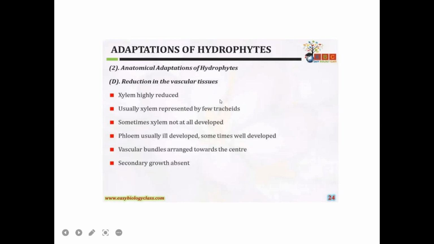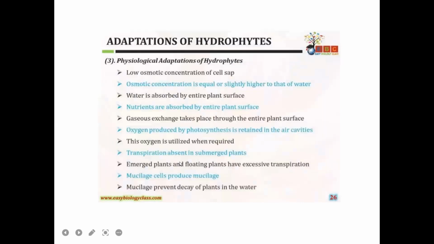Sometimes xylem is not developed at all, and phloem is usually ill developed, though sometimes well developed. Vascular bundles are arranged towards the center. Secondary growth is absent in hydrophytes.